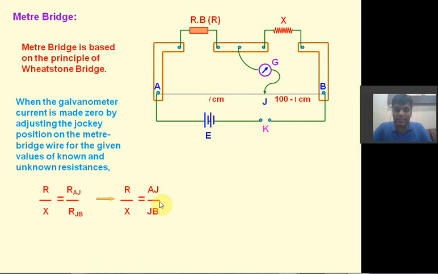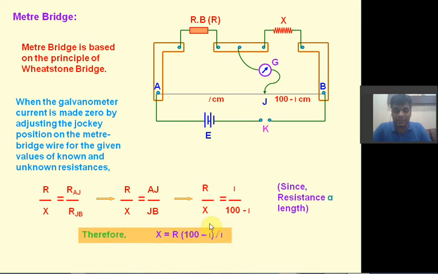If the length AJ is equal to L, and the length JB is equal to 100 minus L, we get the unknown resistance X is equal to R into 100 minus L divided by L. This is the method. With the help of the meter bridge we can find out any unknown resistance which is taken at this point.